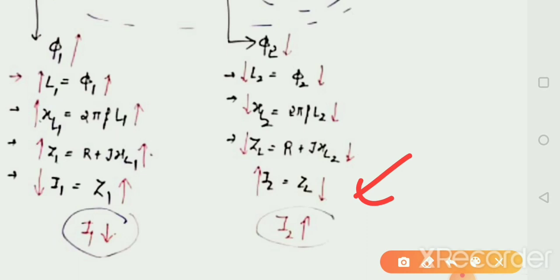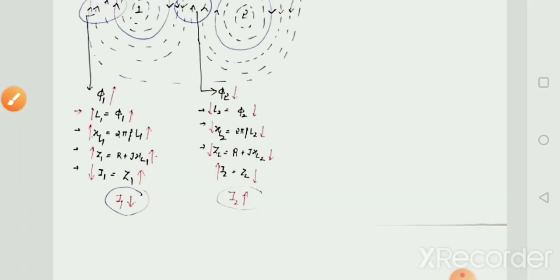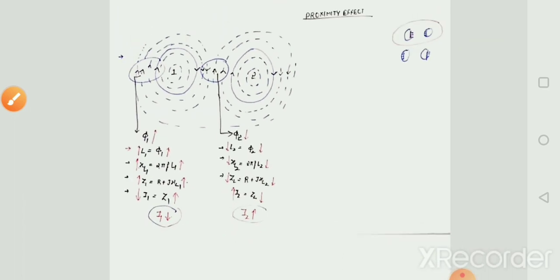So if the impedance is decreasing, then the current is increasing. So we can say if flux is increasing, then current is decreasing, and if flux is decreasing, then current is increasing.